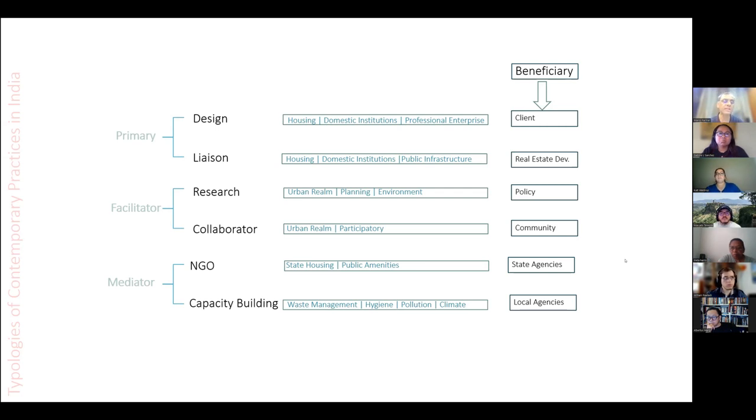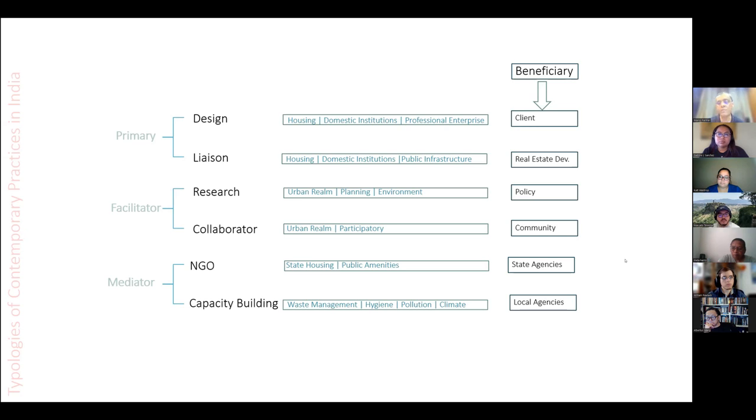Liaison architects are specific architects who only deal with government, who only deal with the local municipality. So you will not find any firm doing both. Very rarely you will have these two firms coming together. So the liaison architect is generally outside the design domain, and they will get the required permissions. And the large beneficiaries of this model are a client, an individual client or individual company, or a real estate developer.